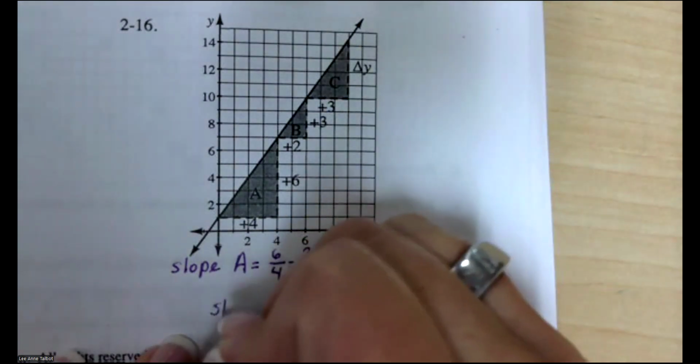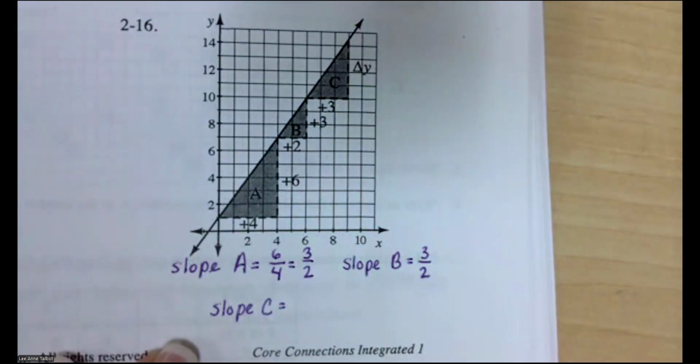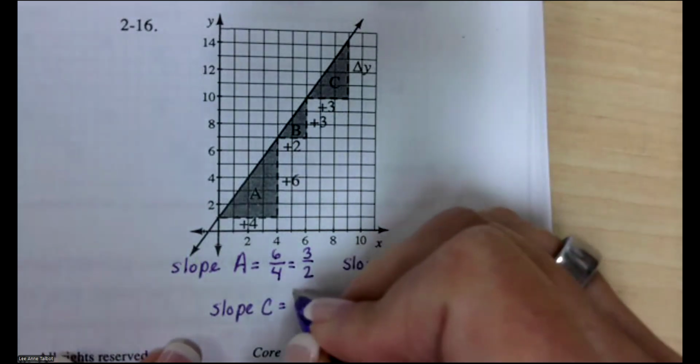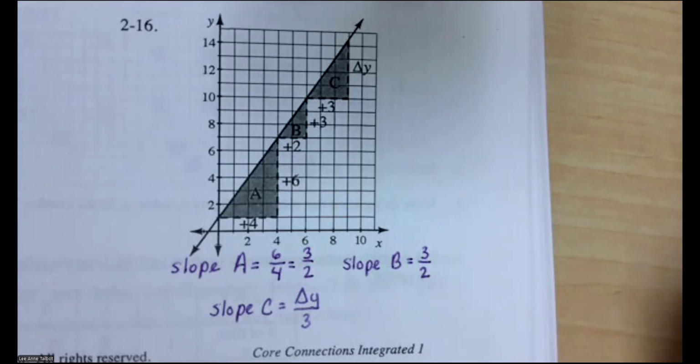Then they sent us a spicy one. 4.5, because 4.5 divided by 3.